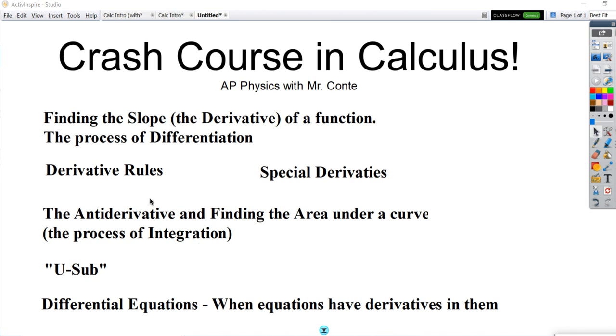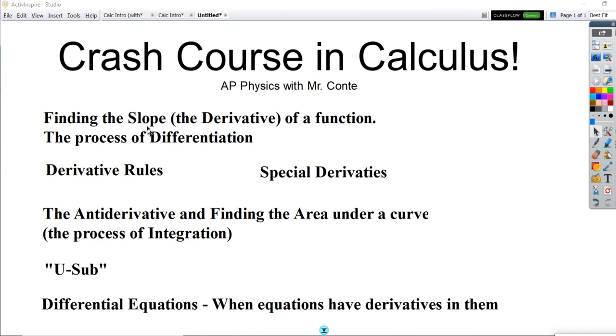And this process of finding the antiderivative, or performing integration, helps us to find the area under curves, which we also found in first year physics to be important to define certain quantities like displacement under a velocity time graph. So slope and area are related in this way.